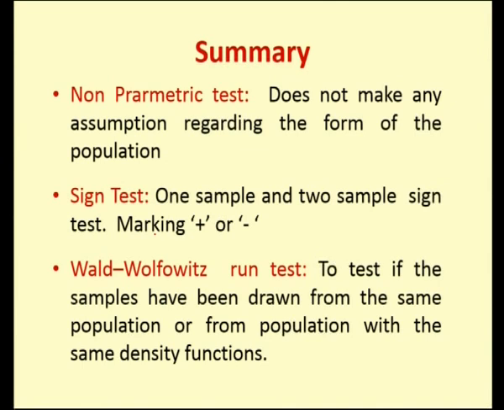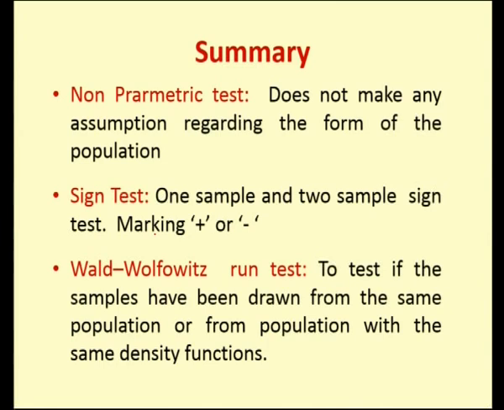We have discussed two methods of non-parametric test, namely the sign test and Wald-Wolfowitz run test. In the sign test, you arrange the given sample, fix the median or the mean value, compare it with the given observations and mark plus or minus sign, and if the observations are the same put it as 0 and neglect the number of zeros from the total sample.